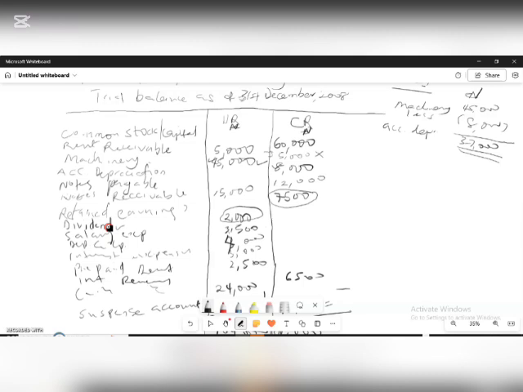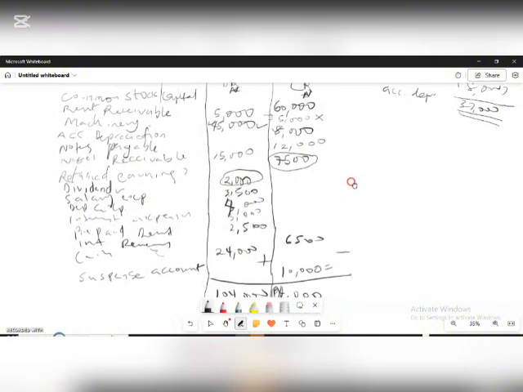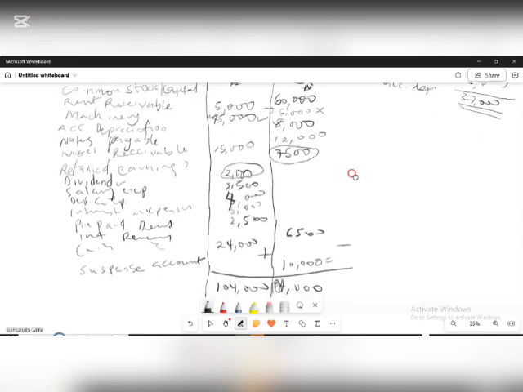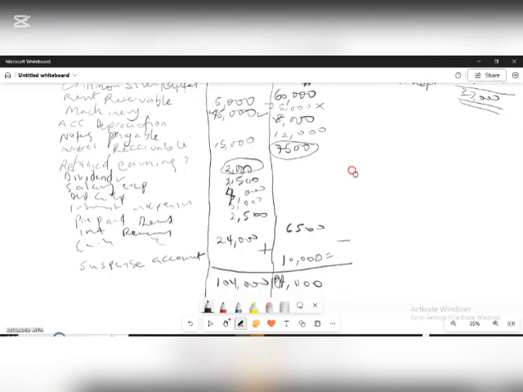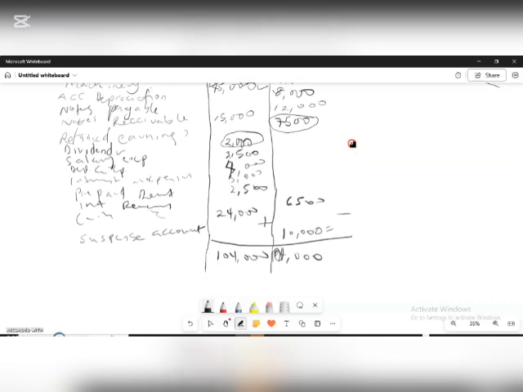Let me add that together. Now 60,000 plus 5,000, 65 plus 8,000, that's 73 plus 12, 85 plus 75, 82.5 plus 65, that's 99,000. So you're going to be having 99,000 in that case.